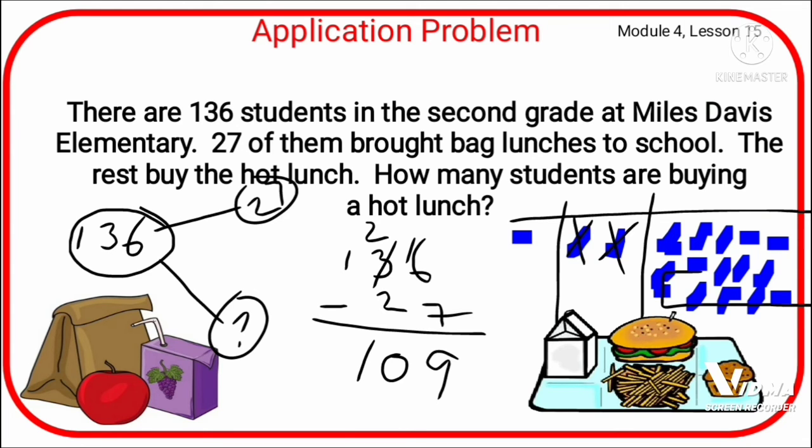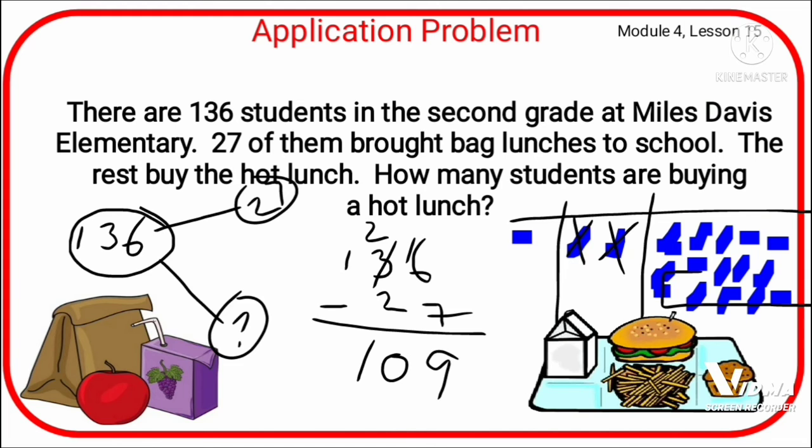How many kids are in the school? 136. How many of them brought bag lunches? 27. So do we know how many bought the hot lunch? That's what they said we should look for. How to look for this? It's simple. Remove 27 from 136.